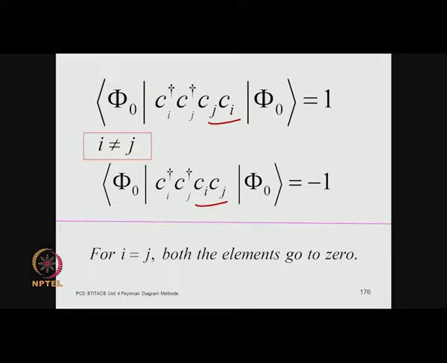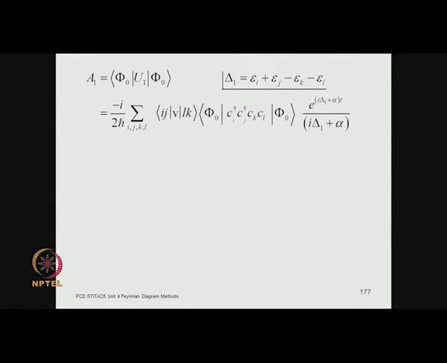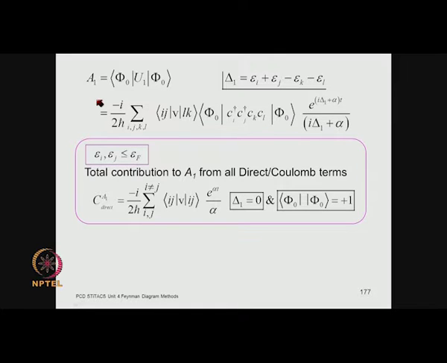So, these are the contributions from the Coulomb and exchange terms, and let us evaluate their net contributions. We introduced the matrix elements of the time evolution operator, which we indicated by the terms A's, and then you of course have to consider the contributions coming from the Coulomb term. So, this contribution will be 1 from here.